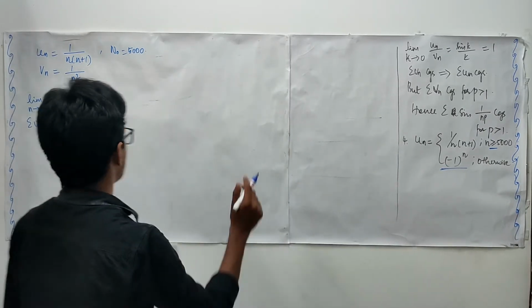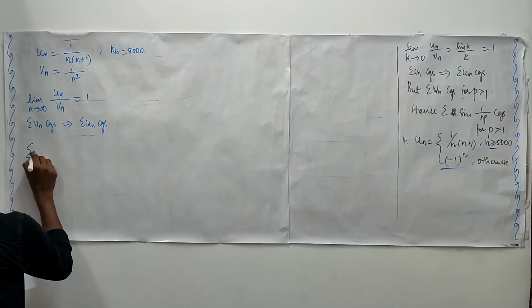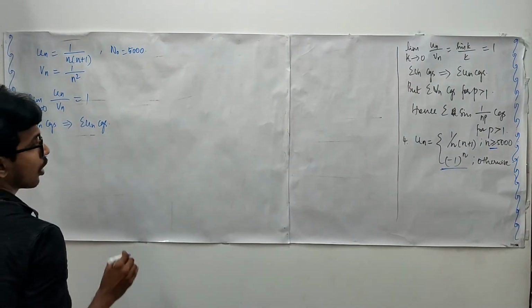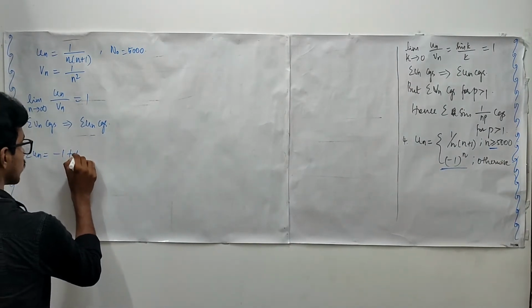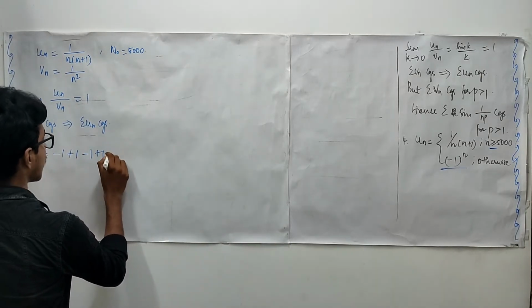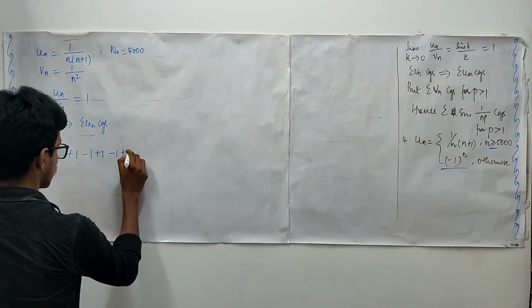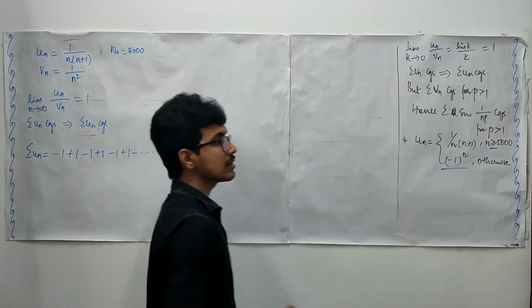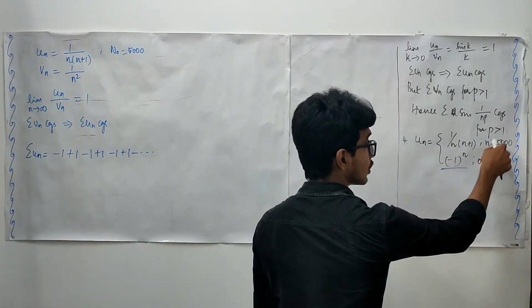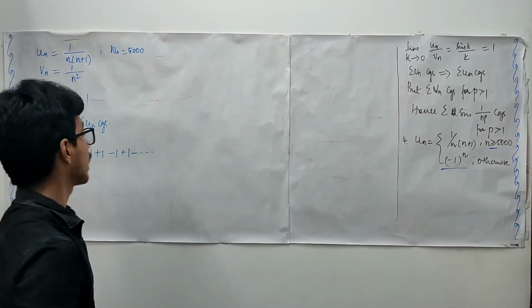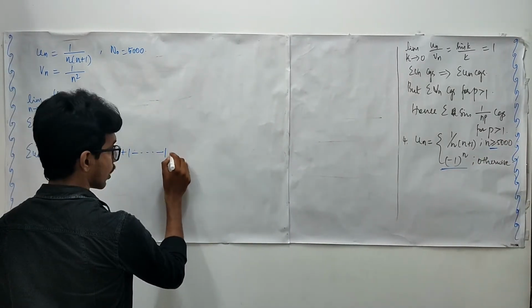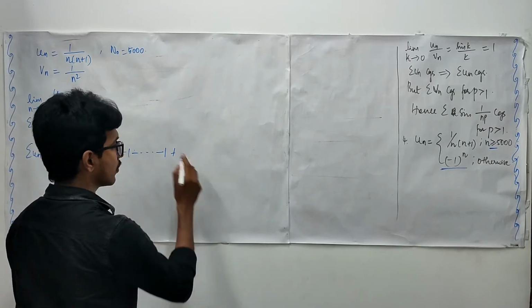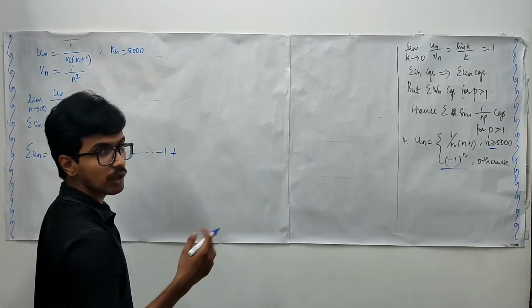Because when you explicitly write your summation un, it is going to be minus 1 plus 1 minus 1 plus 1 minus 1 plus 1, and it goes this way. And when you reach 4999, you will have minus 1, and from 5000 onwards, what are you going to get?